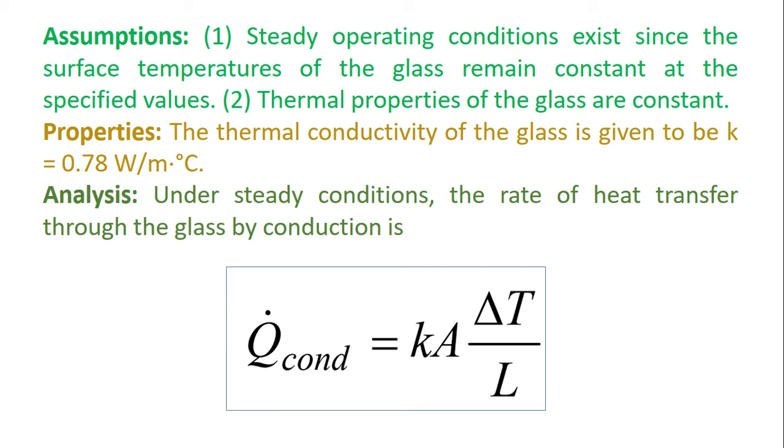The rate of heat transfer by conduction is given by this formula: the product of thermal conductivity and the surface area, multiplied by the temperature difference divided by the thickness of the glass window.